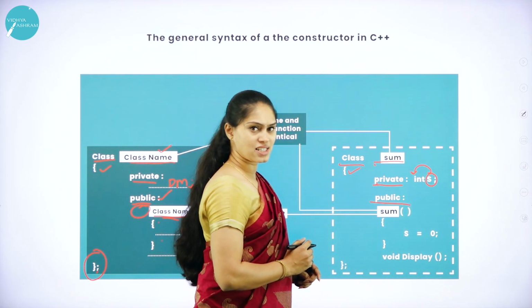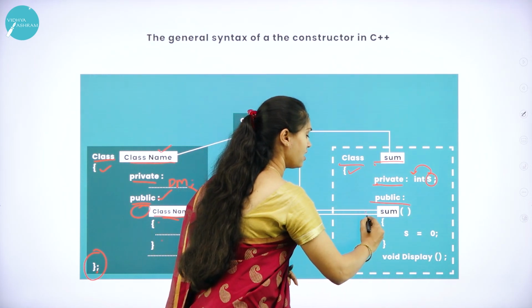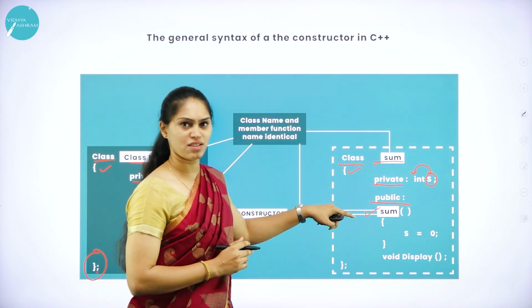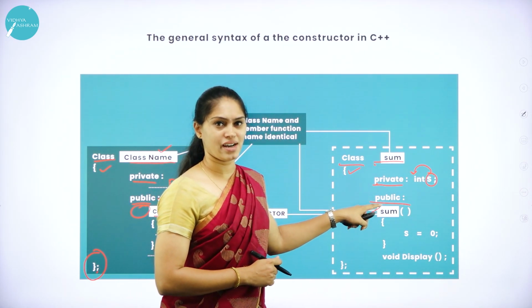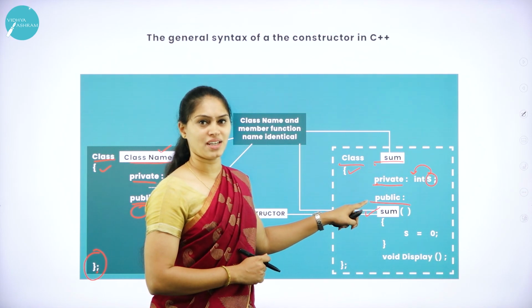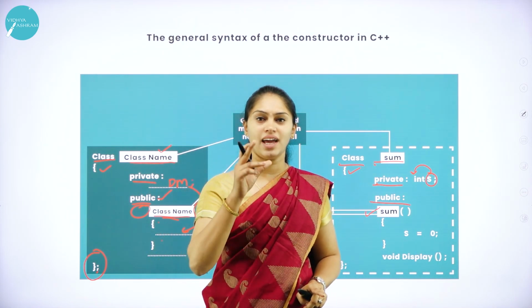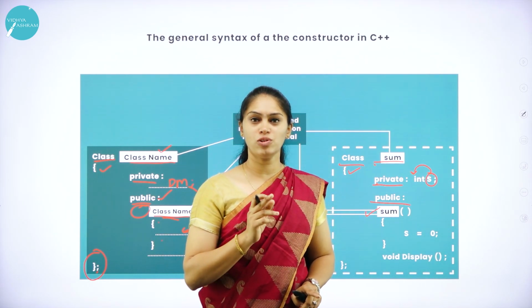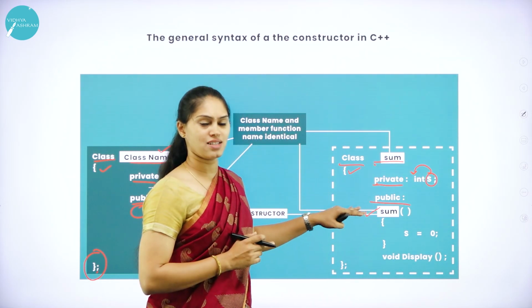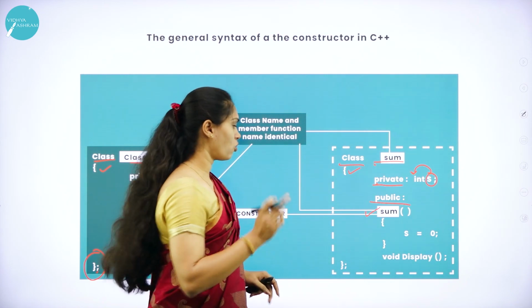Under the public access specifier, I am taking the constructor. Am I specifying any return type here? No, because I am using a constructor. How can I know this is a constructor? We have to check it against the rules or restrictions of a constructor function. So what are the rules?